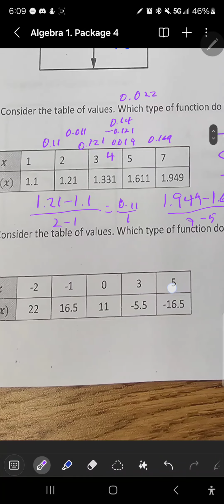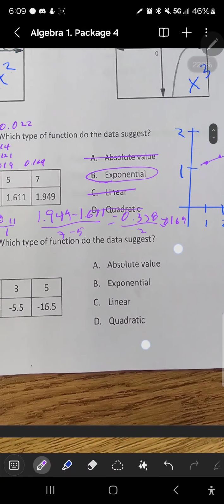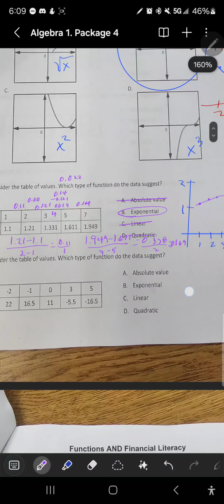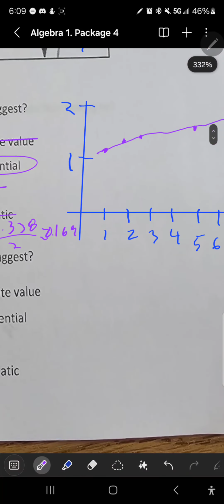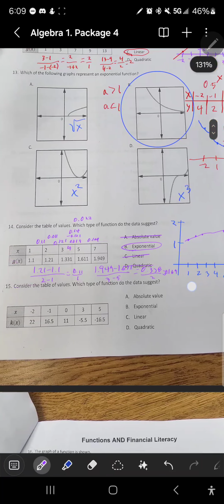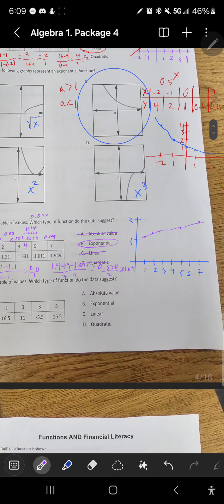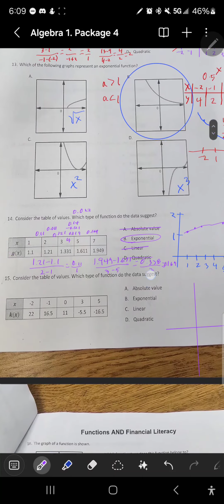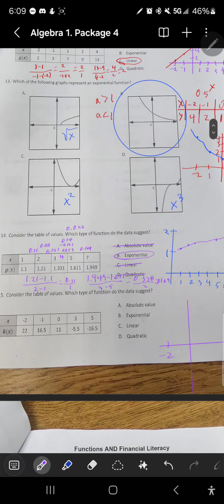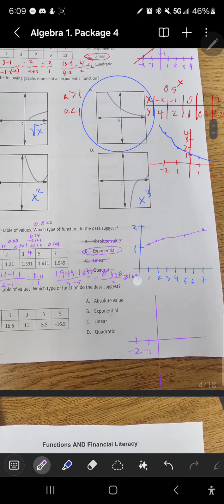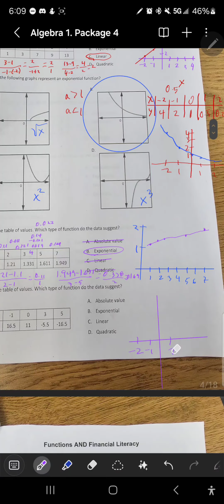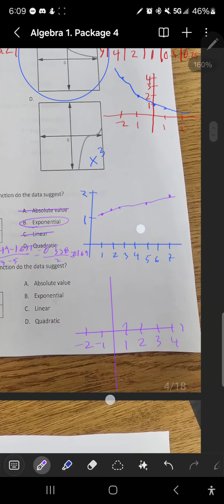So in this case, consider the table: what function does the data suggest? Let's see. We have up to 16 in the y, so let's make a big y. X: -2, -1, 0, 1, 2, 3, 4, 5.